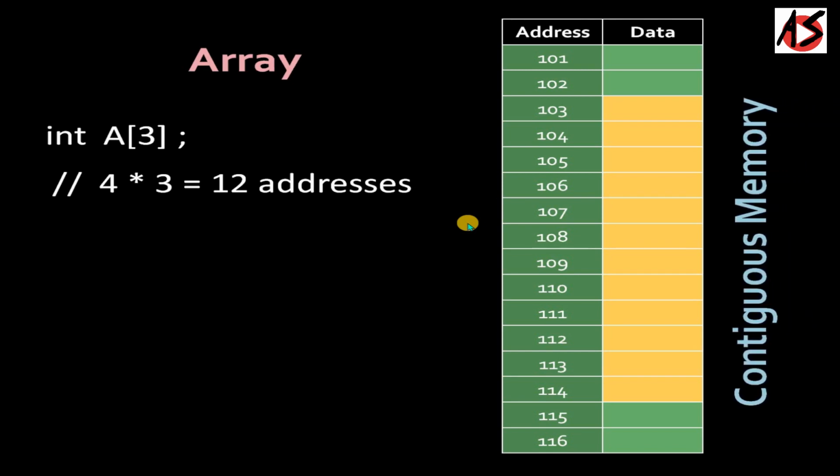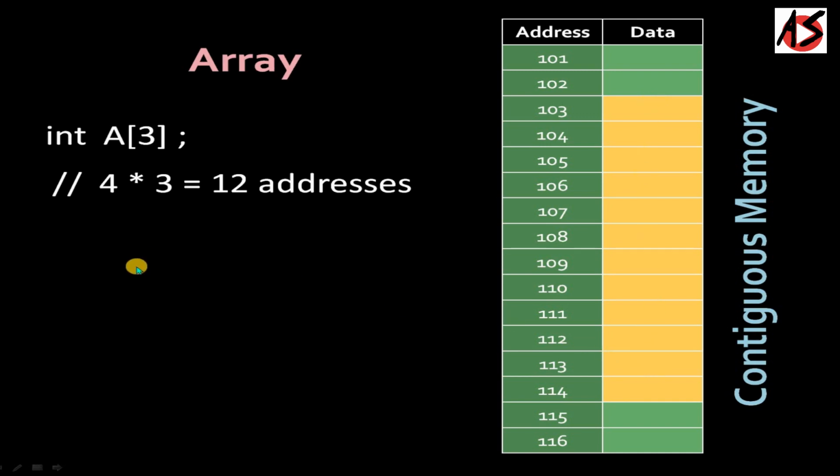That means there is no hole between these memory locations, and all the memory addresses are in sequence. Such an implementation for the array is known as contiguous memory allocation. That means all elements are stored in continuous memory addresses.